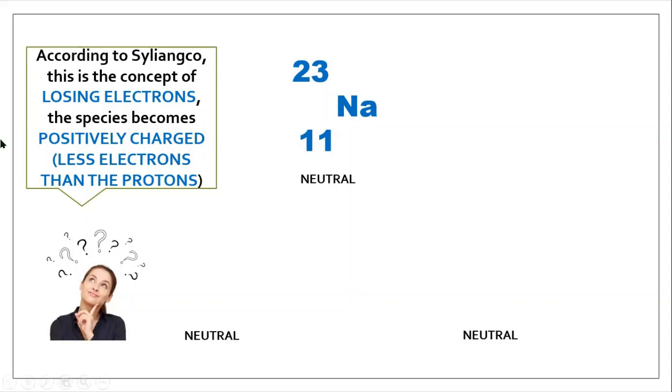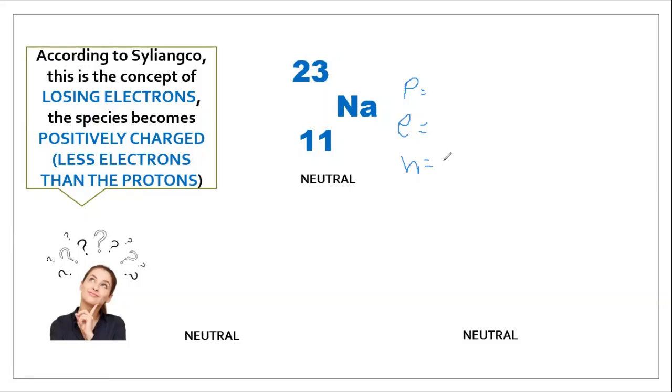Katulad nito, I've already discussed this to you. So, ang sabi natin, if sodium has an atomic number of 11 and it has a mass number of 23, wala pa tayong charge yan. So ibig sabihin, if you're going to compute for the number of protons, electrons, and neutrons, madali lang natin siya i-compute.